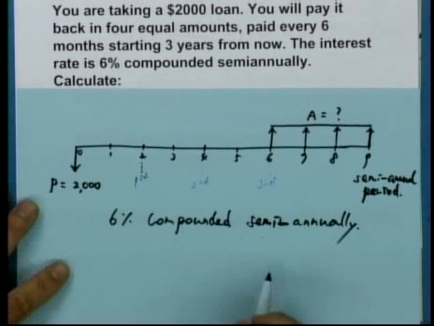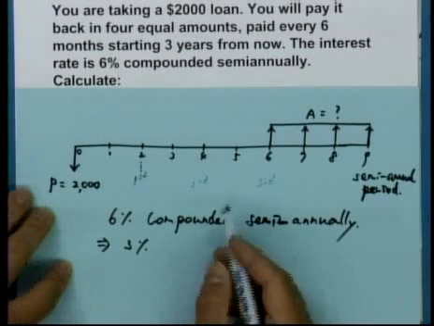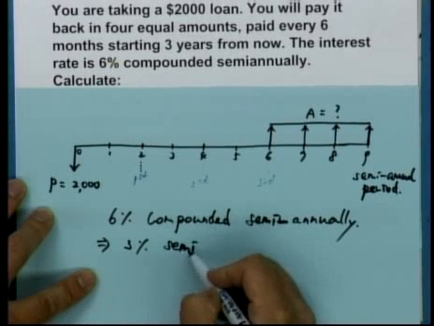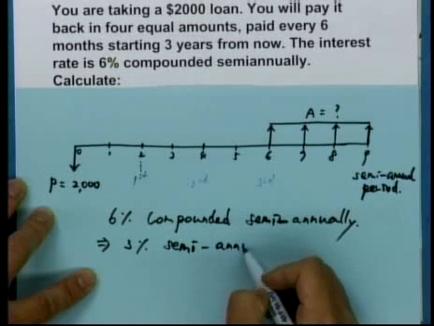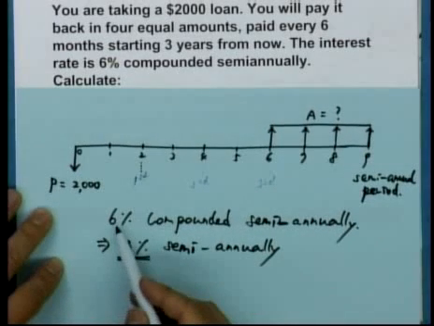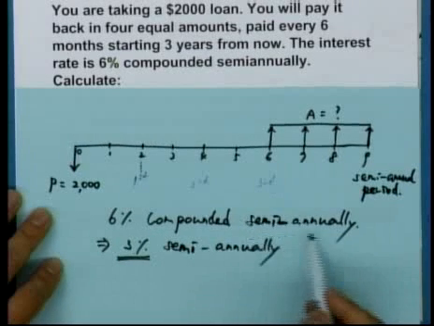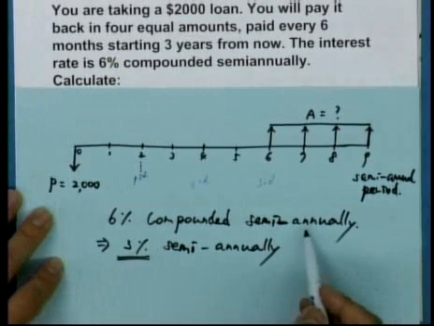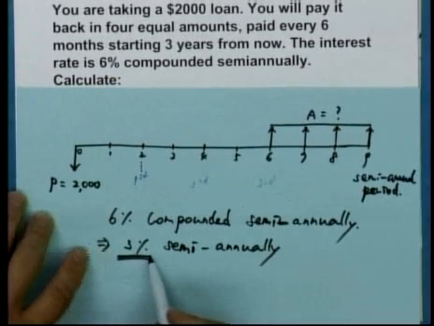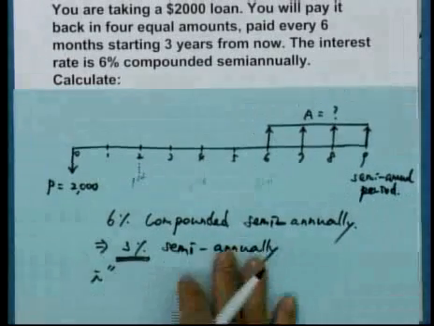So the bank will charge 3% semi-annually. How do you get this 3%? 6% divided by 2, because there are 2 semi-annual periods in a year, right? So 6% divided by 2 becomes 3%. So you are going to use I equals 3%.